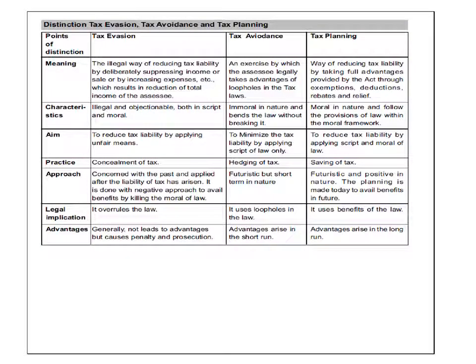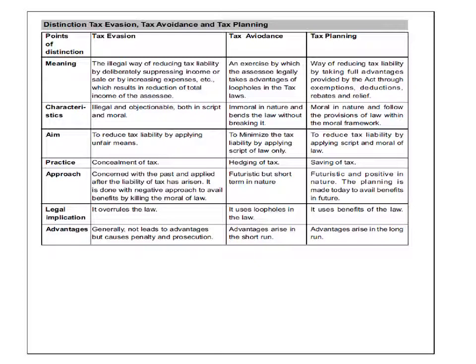Now, the difference between tax evasion, tax avoidance and tax planning. First, meaning. What is tax evasion? The illegal way of reducing tax liability is called tax evasion. Whatever is done illegally is called tax evasion. What is tax avoidance? The exercise by which the assessee legally takes advantage of the loopholes in the tax laws.